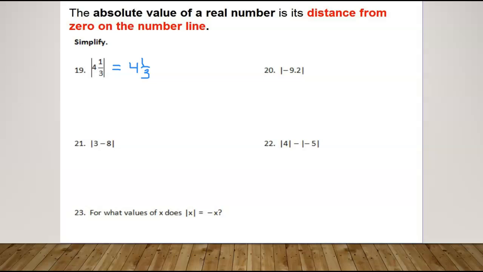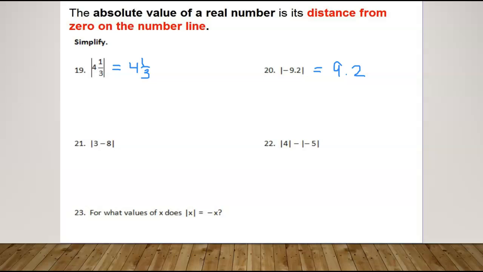The absolute value of negative 9.2, since distance is positive, is 9.2 from 0. The absolute value of negative 9.2 is 9.2.